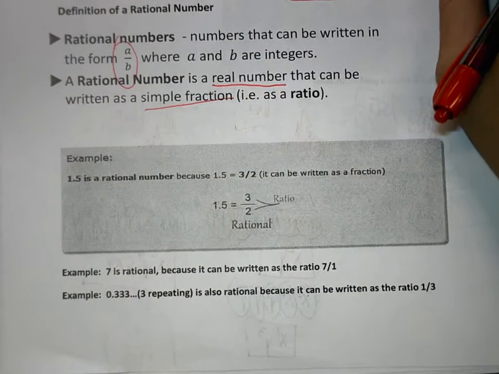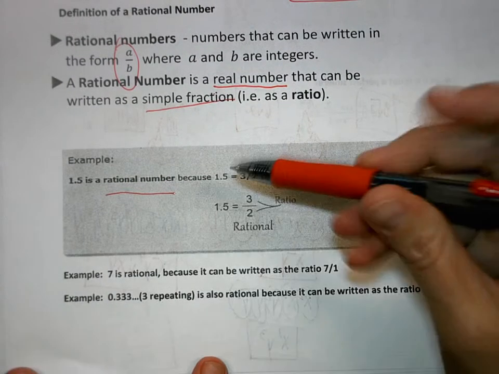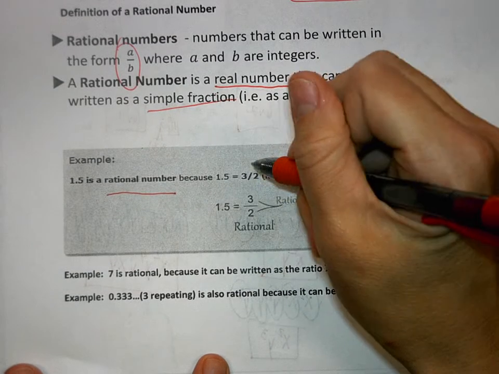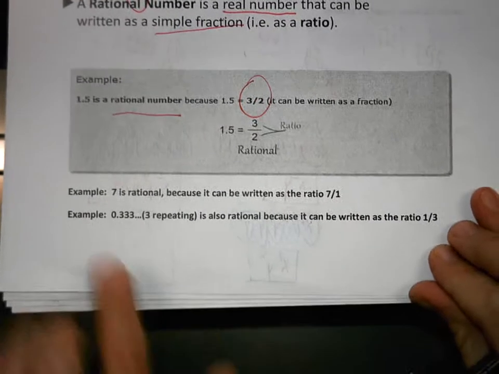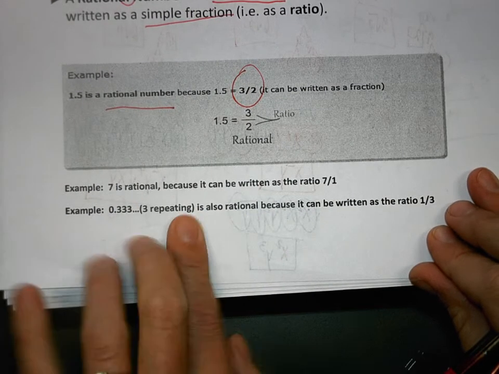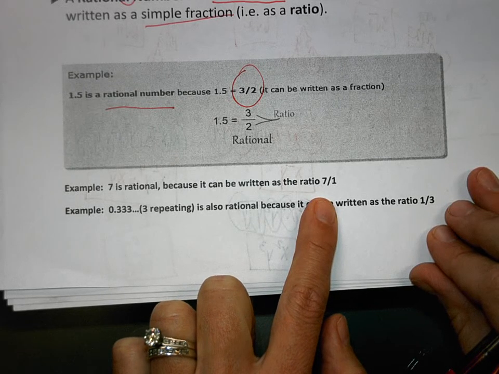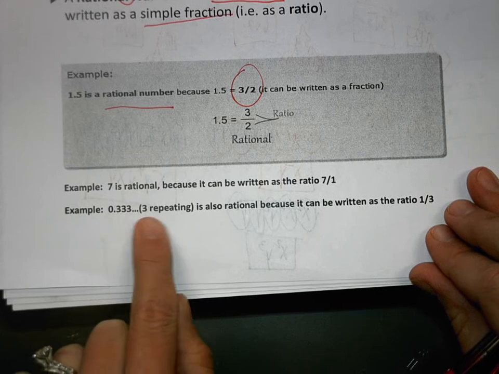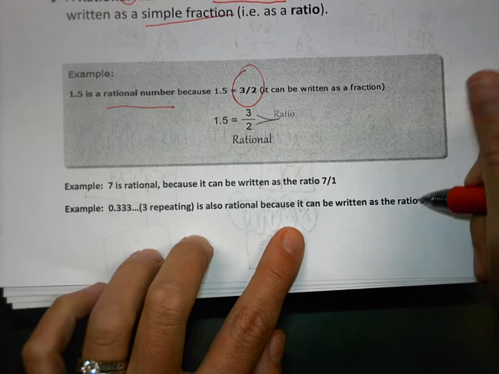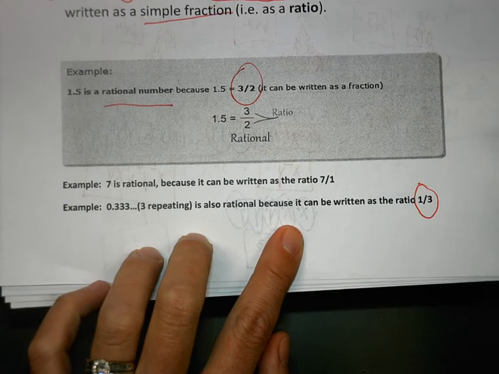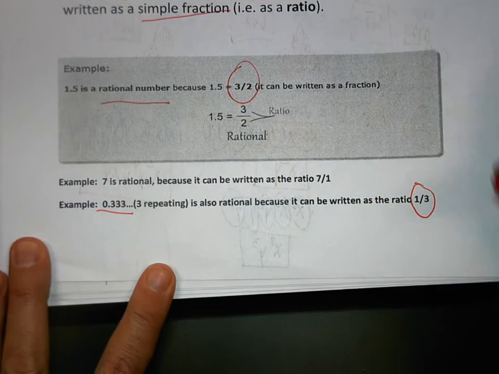For instance, the number 1.5 is a rational number because you can write 1.5 as a fraction, 3 over 2. 7 is a rational number because it can be written as a ratio, 7 over 1. 0.333 going on and repeating forever is also a rational number because it can be written as a ratio of 1/3. Okay? Let's turn the page.